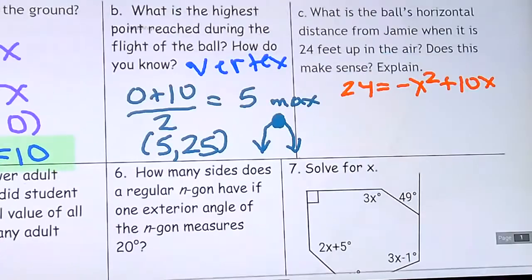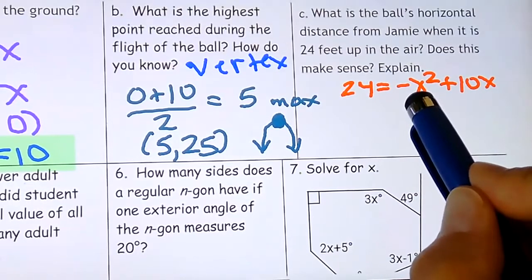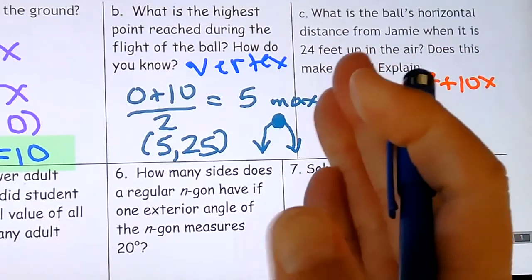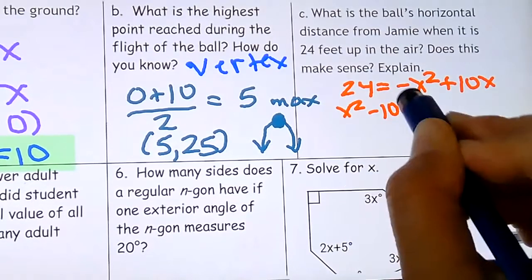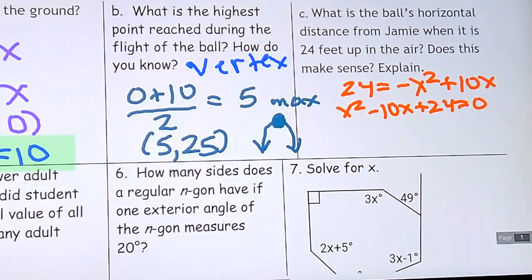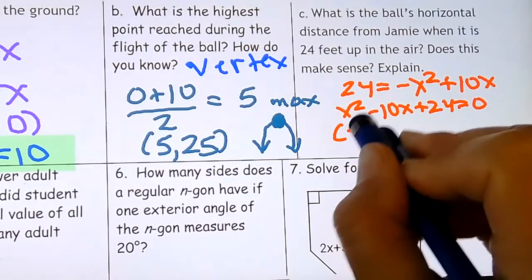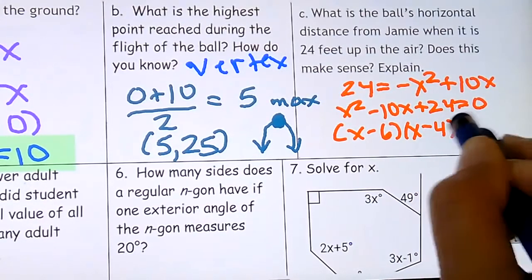On this one, I don't like having my x squared be negative. So again, I'm going to bring everything over here. So this is going to be x squared minus 10x plus 24 equals 0. I'm going to factor this. So this is going to become x minus 6, x minus 4 equals 0.